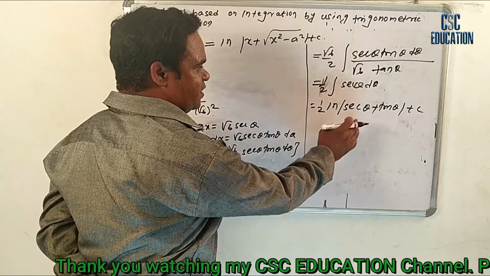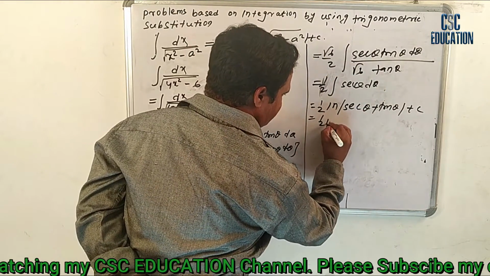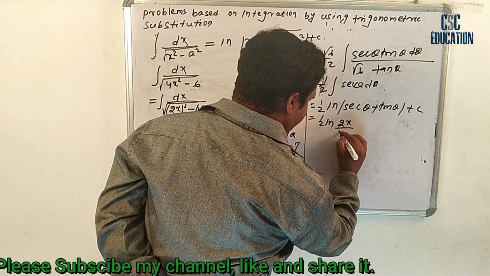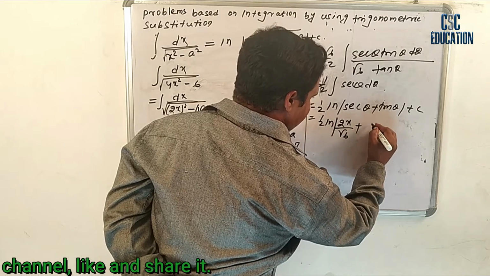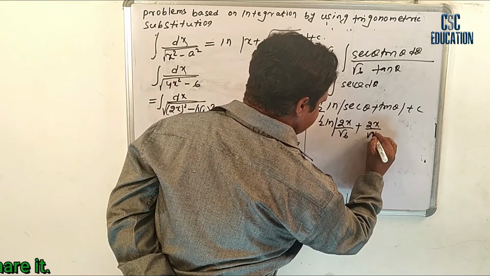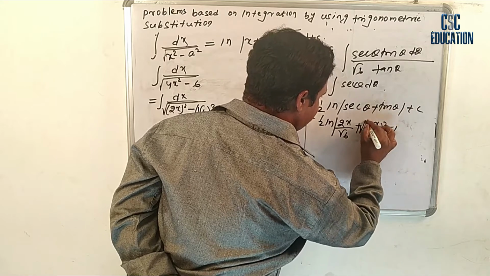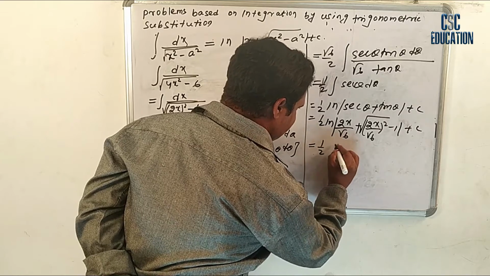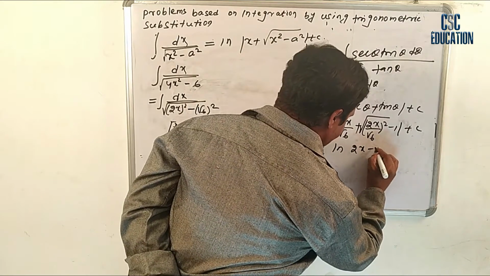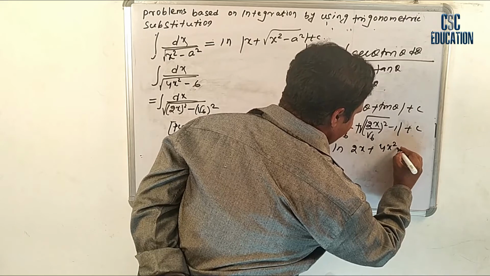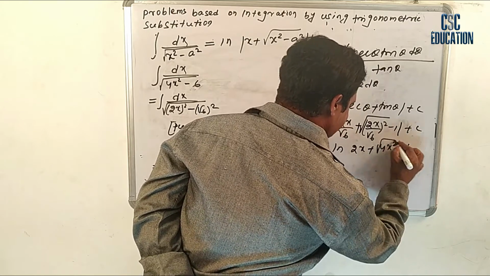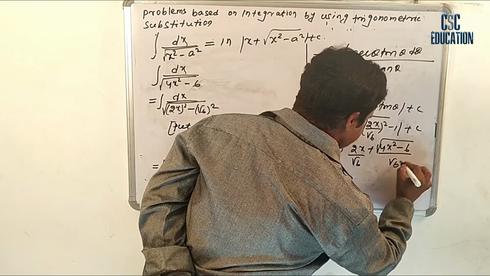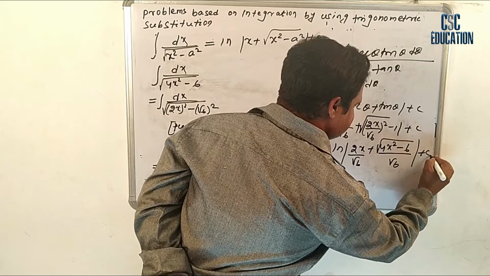Now converting the tan theta factor, 1 by 2 ln, where sec theta is 2x divided by root 6, plus the square root of (2x divided by root 6) whole square minus 1, plus c.